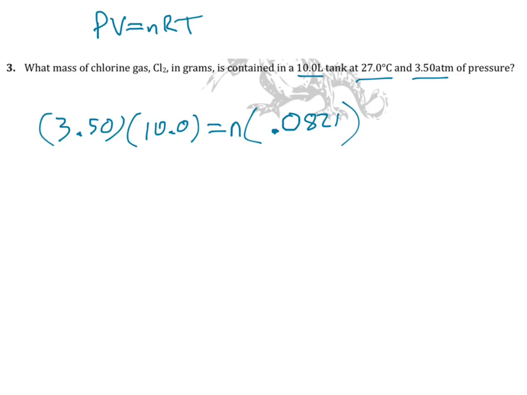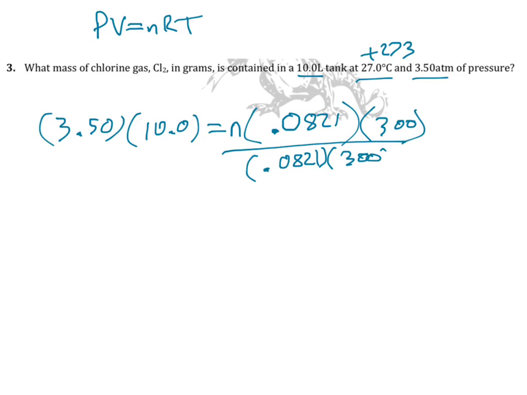All right, and then we have Celsius. Again, if we're given Celsius, we have to change it to Kelvin by adding 273. And this is going to give us 300. And so now we have this set up here, and all we need to do is solve for n. And the way you do that is by dividing both sides by this. So you divide both sides by that.